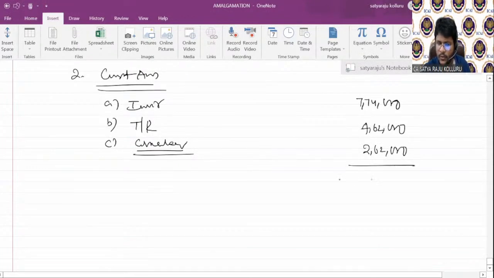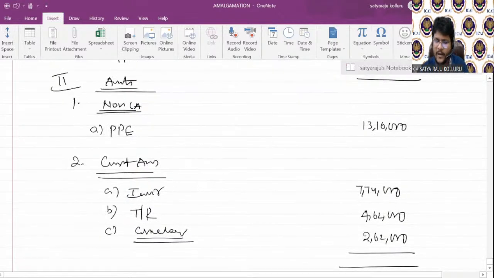Like this, you need to write one by one, guys. Now, there is no goodwill also considered. You can make it total of assets: 13,16,000 plus 7,74,000 plus 4,62,000 plus 2,62,000. Total 28,14,000 here.